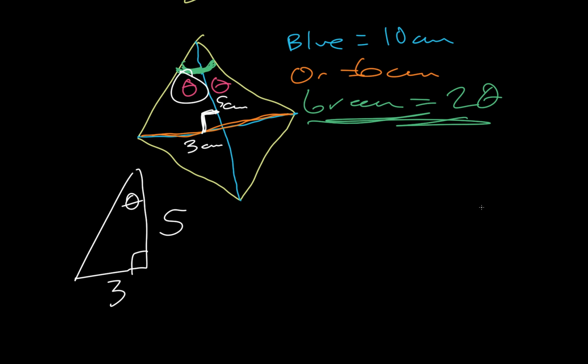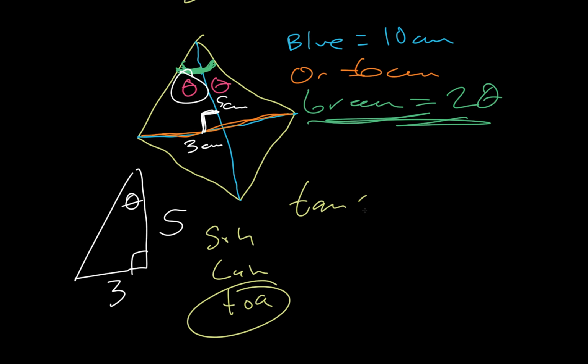And so if we're looking at SOHCAHTOA, from this angle we have the opposite and the adjacent, so that's tangent. So we can say tangent theta equals the opposite, which is 3, over the adjacent, which is 5. And then we go through a little bit of algebra.